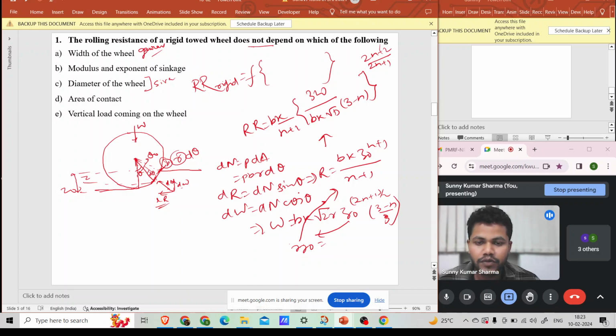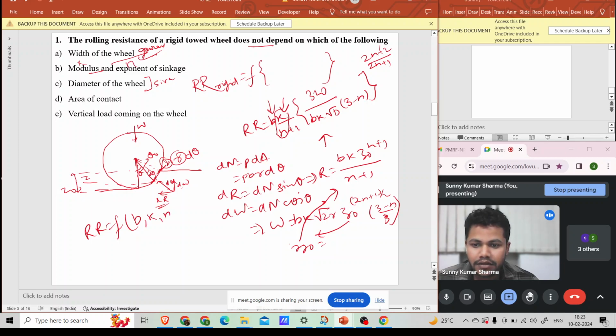So from here you can see what all the rolling resistance is a function of. This b is nothing but the width of the wheel. So Gaurav is incorrect. Width is a function. Then k and n are the modulus and exponent of sinkage. Modulus of sinkage is k, the exponent of sinkage is n.